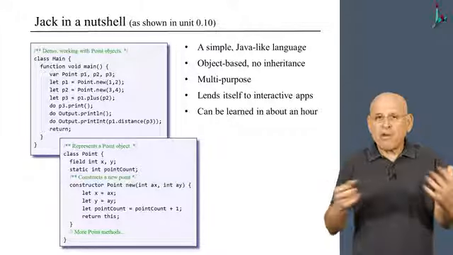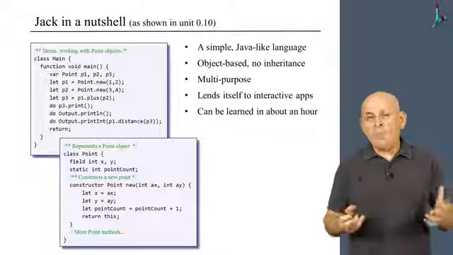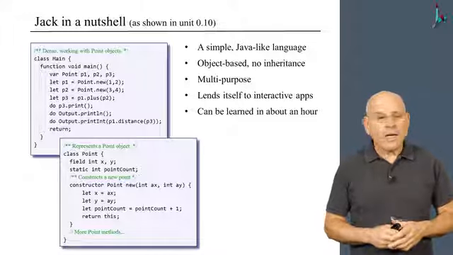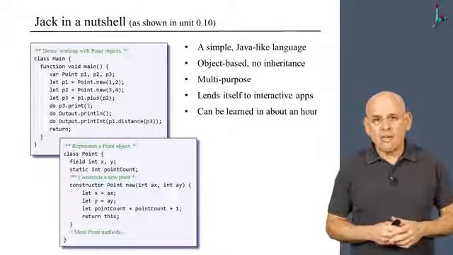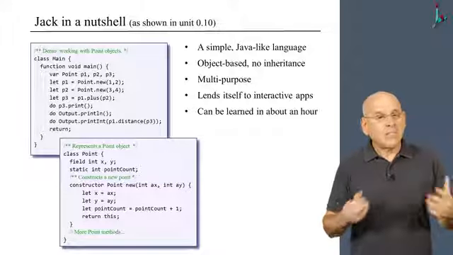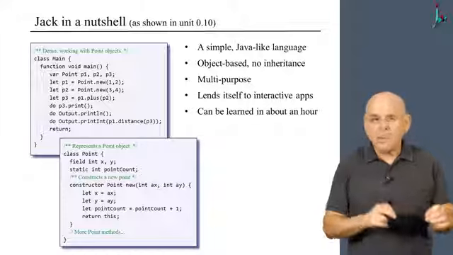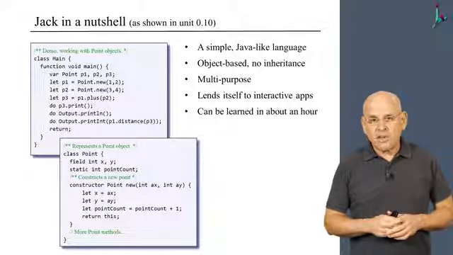It has some peculiar syntax, which we will explain later on. It is an object-based language with no support for inheritance. It is a multi-purpose language that can be used to design any application that comes to your mind. It lends itself nicely, in particular, to simple interactive apps like Tetris, Snake, Space Invaders, and so on.